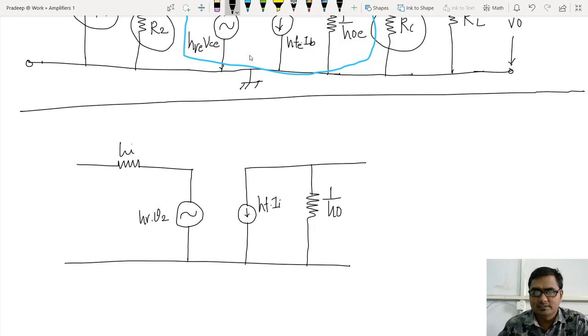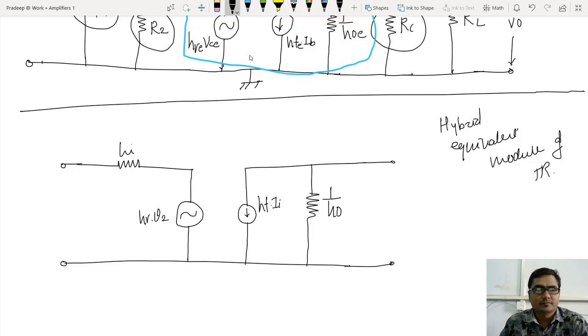So this is the hybrid equivalent model of a transistor. Let me write it here: this is the hybrid equivalent model for a transistor.